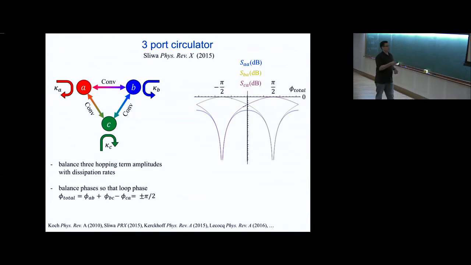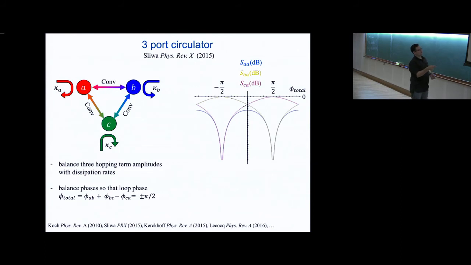So if you basically balance the 3 hopping amplitudes with the dissipation rates, and you balance the phase around the loop so that it adds up to, for instance, plus or minus 2 pi, then you have a system where a photon can come in, let's say from port A, and it can constructively interfere around to come out port B, and not the other way around.